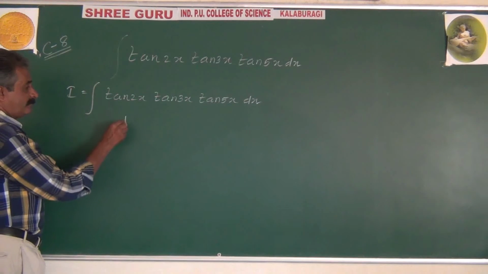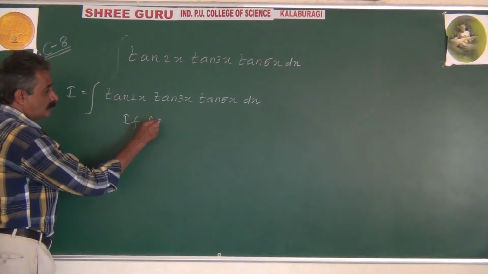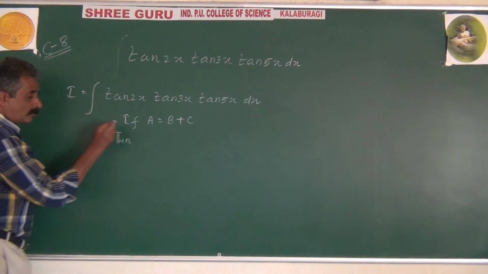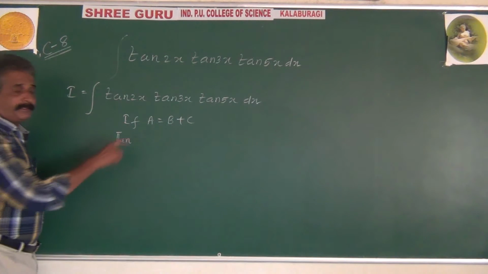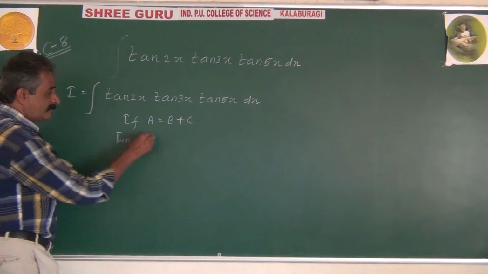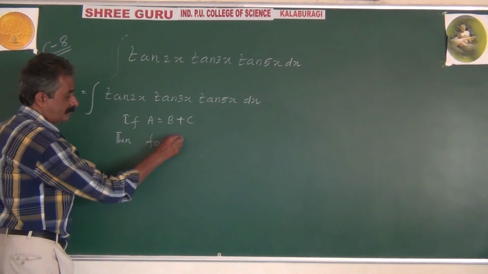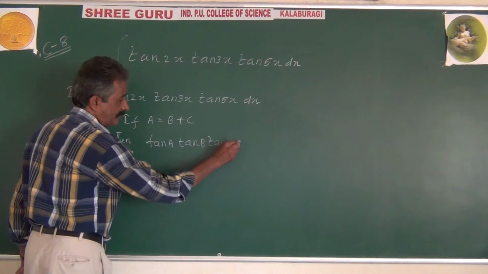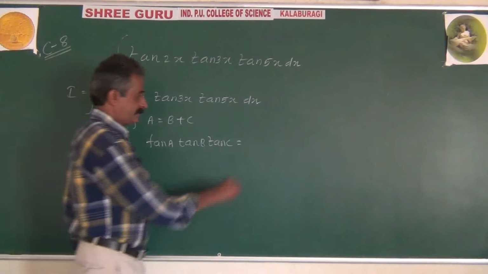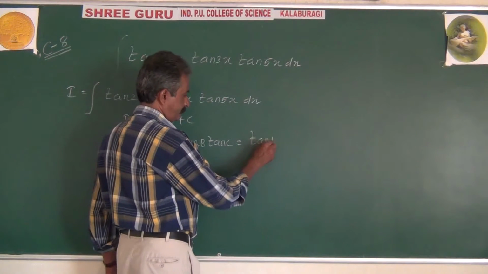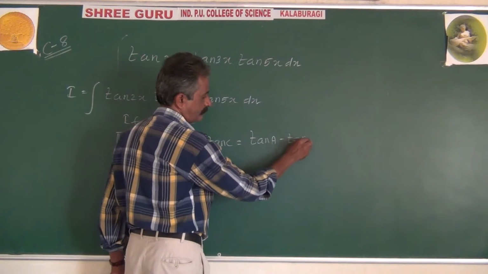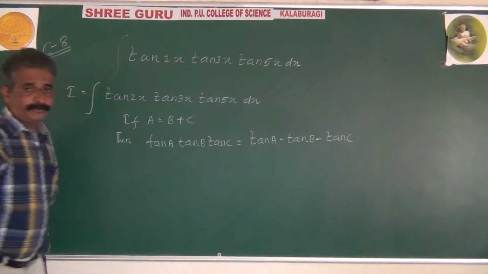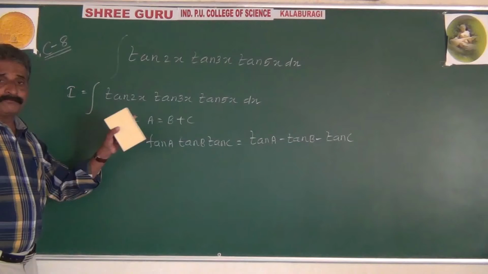If angle A equal to angle B plus angle C, then it's a standard law in trigonometry: whenever angle A equals the sum of B and C angle, then tan A into tan B into tan C can be written as tan A minus tan B minus tan C. And here the condition is that A must be equal to the sum of B and C.